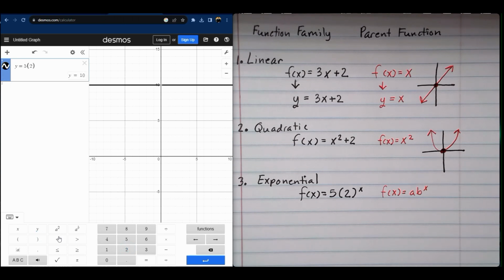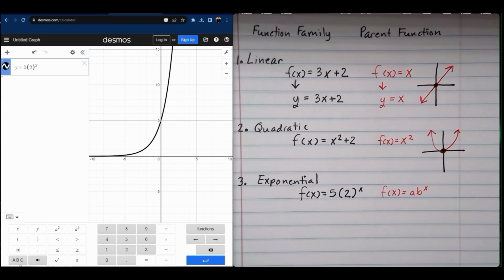And then I'm going to put to the power of x. Okay, so now you can see this right here. You can see that we have a curve here.